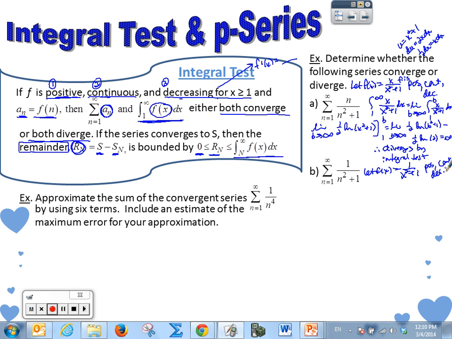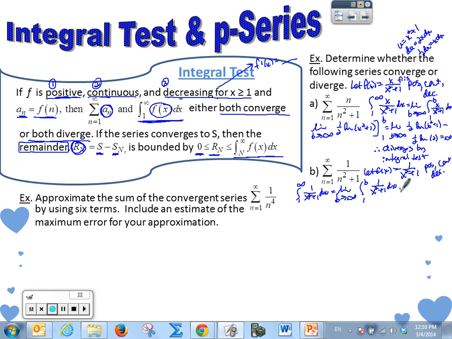Let's set it up. So we have an integral from 1 to infinity of 1 over x squared plus 1 dx. And it's improper, so we set up our definition. So the limit as b goes to infinity, integral 1 to b of 1 over x squared plus 1. Now hopefully we immediately recognize that that's arctangent. Right, 1 over x squared plus 1, arctangent.